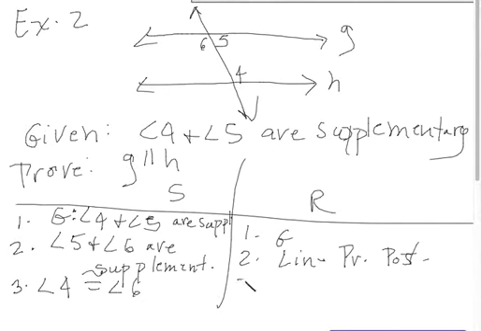Why can I say that? Think about it. Angle 4 and 5 are supplementary, and 5 and 6 are supplementary. So what do I know about 4 and 6? They're not alternate interior angles, they're consecutive. 4 and 5 are consecutive interior angles because they're on the same side.